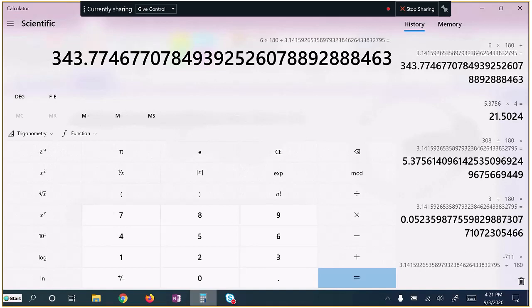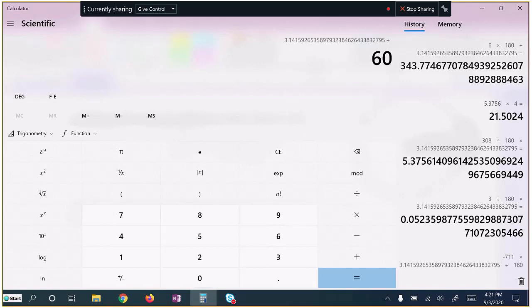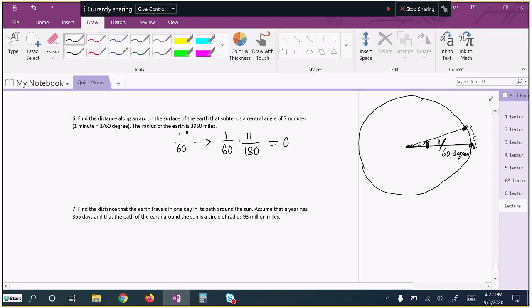We have pi on the top, and we divide by 60 and 180. So this one is 0.0003 when rounded to 4 decimal places.